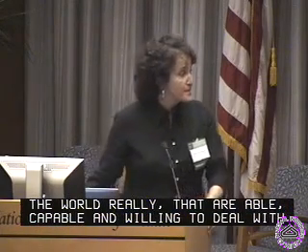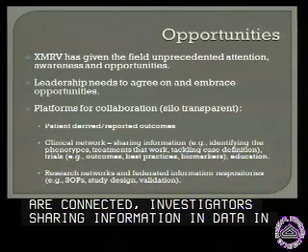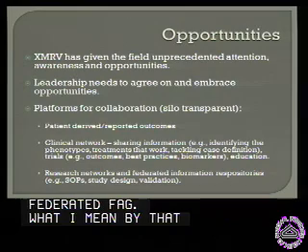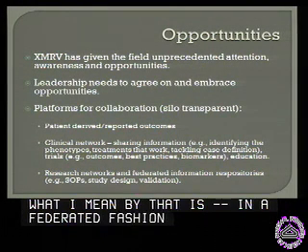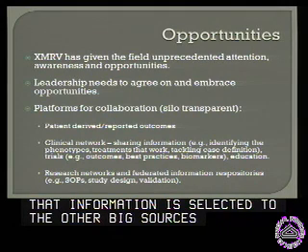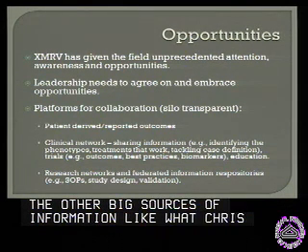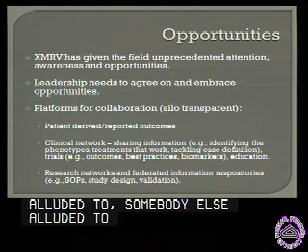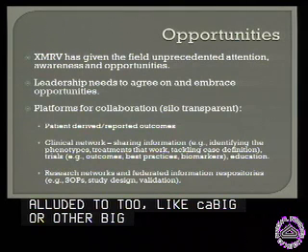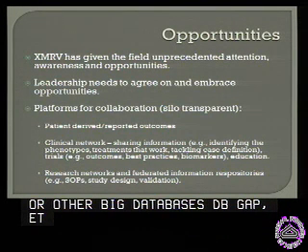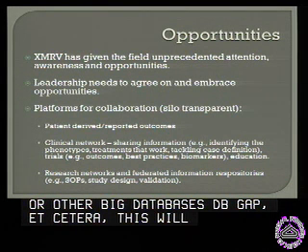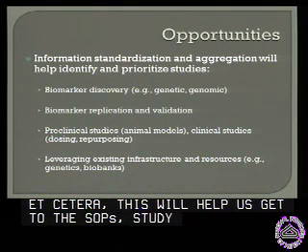And finally, research networks that are connected investigators sharing information and data in a federated fashion. So what I mean by federated is not only our information, but that information is also collected to the other big sources of information, like what Chris alluded to, and somebody else alluded to too, like CA Big or some of the other big databases, dbGaP, etc. And again, this will help us get to the SOPs, the study design, and the validation that we so desperately need.